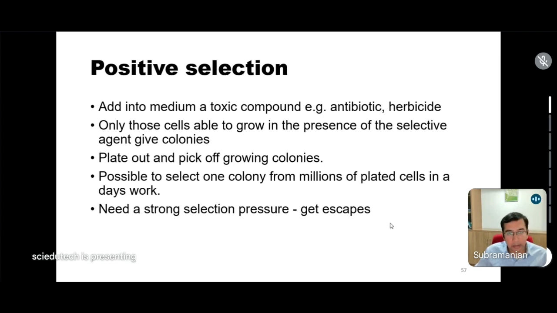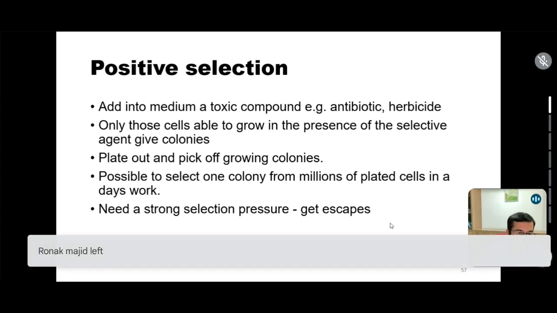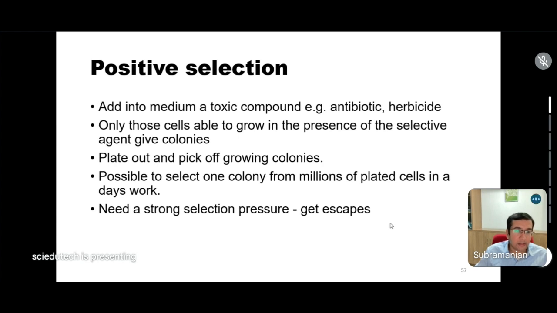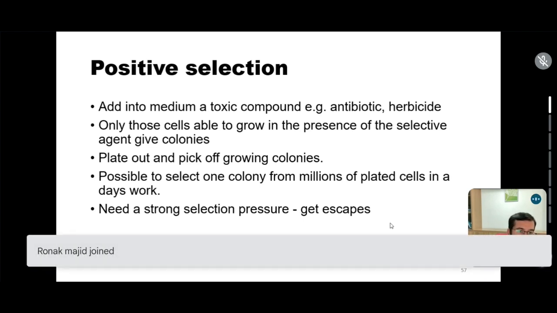You plate out and pick off growing colonies, and it's possible to select one colony from millions of plated plant cells. It is days of work. Actually, it's not very easy. So you require strong selection pressure, otherwise non-transformed cells can escape. Next slide.